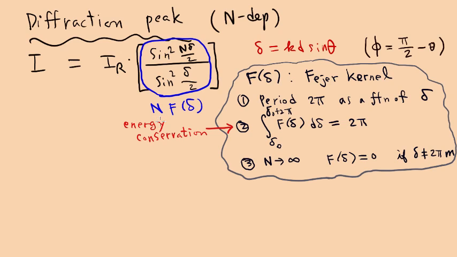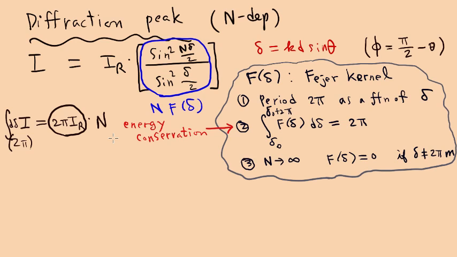It shows that the total intensity in any interval of delta, going from delta 0 to 2 pi, when you integrate over delta, you get 2 pi I_R times n. This is what you're going to get from a single slit beam, and the fact that it's multiplied by n means that you basically have the energy conservation. That's what it should be.